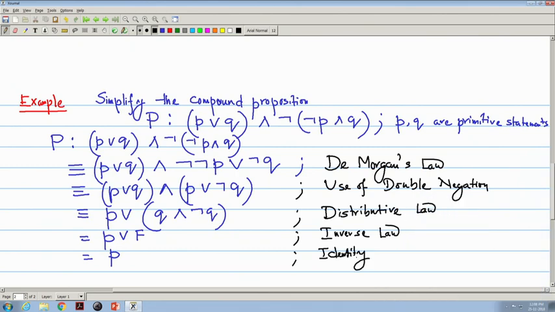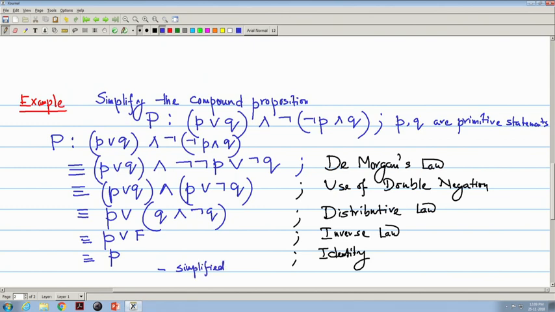So my compound proposition, capital P, becomes only the primitive statement small p. It is simplified.